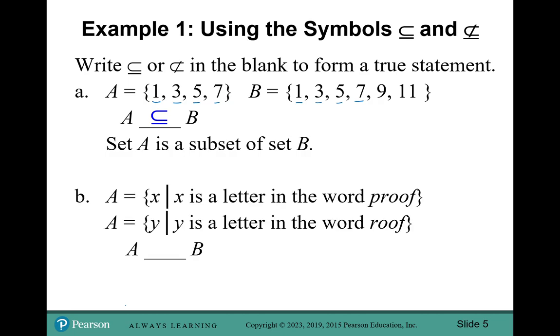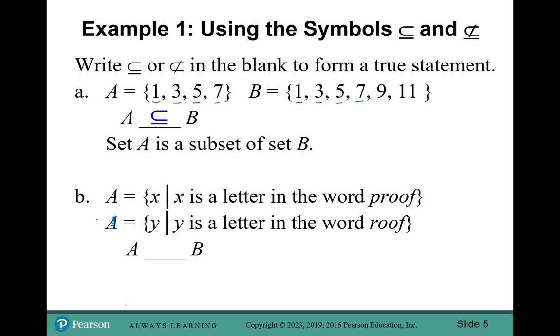Let's look at the next example. A equals the set of X such that X is a letter in the word proof. We've got a little incorrection here. Let me correct my PowerPoint.